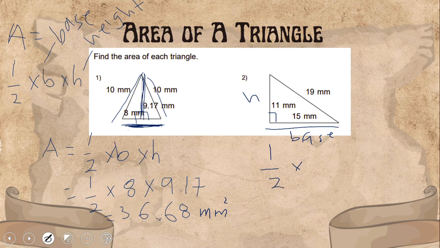So 1 over 2 times 15 times 11, which is the height. 15 times 11, you will get 82.5. Just remember, if it's millimeters, you write millimeter, and because it's area, you write the square. That would be your answer.